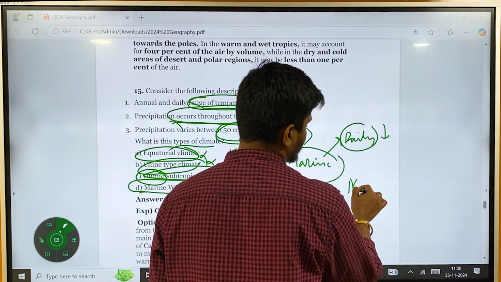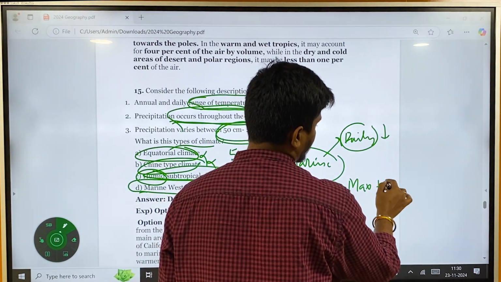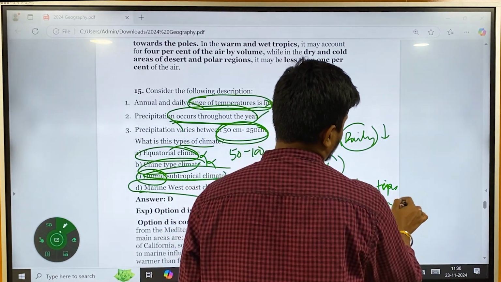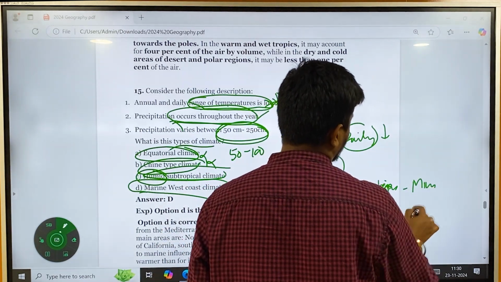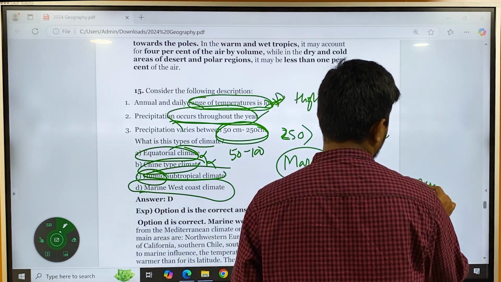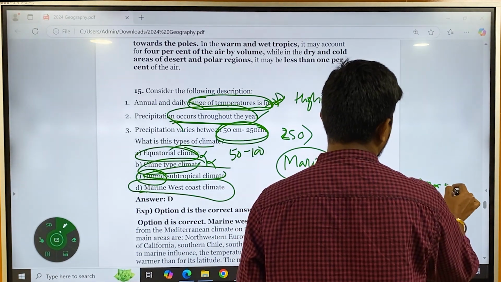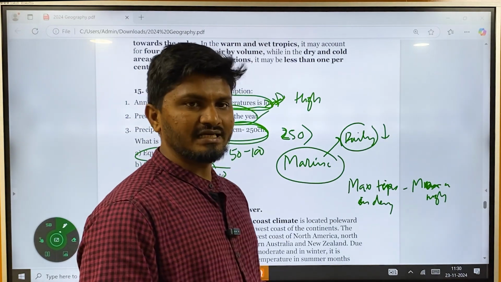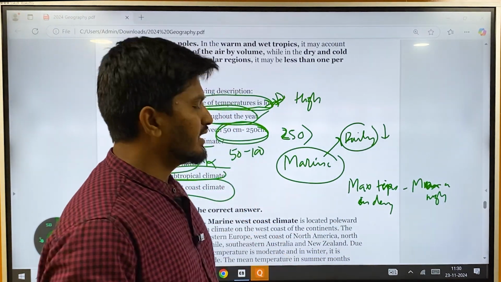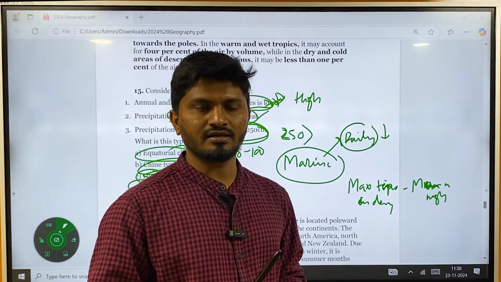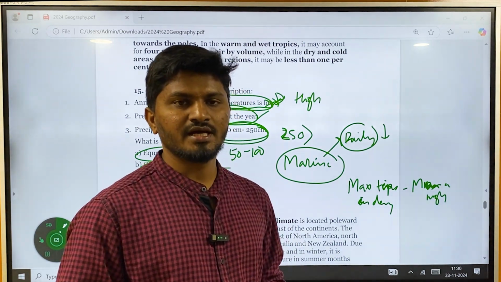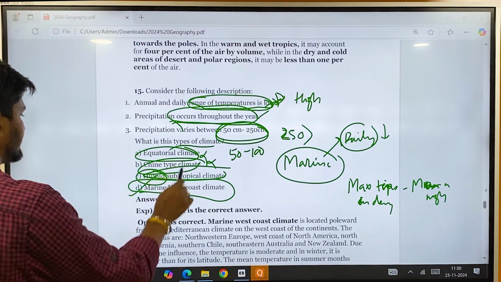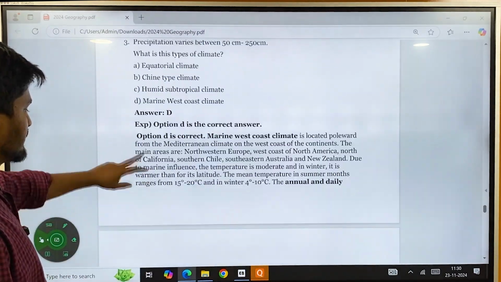The difference between the maximum temperature in the day and the minimum temperature at night is known as the daily temperature range, and the difference between the highest month and the lowest month in a year is called the annual temperature range. So the correct answer here is D, marine west coast climate.